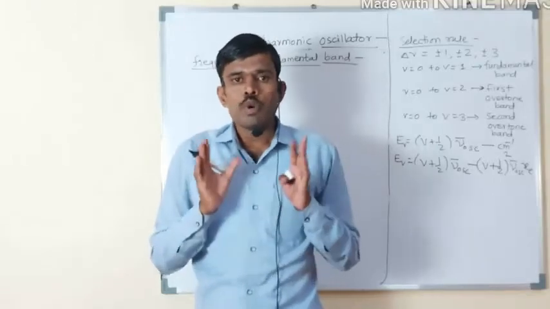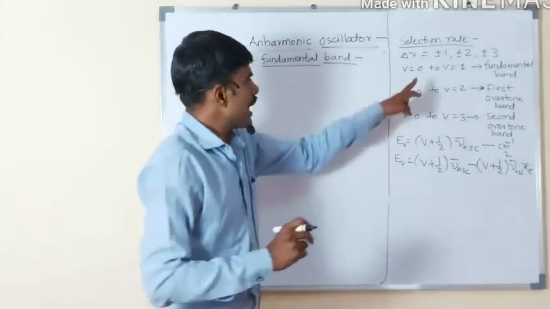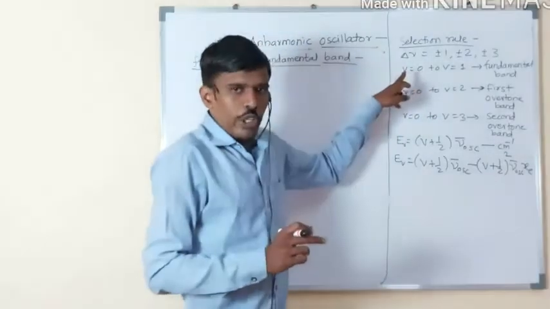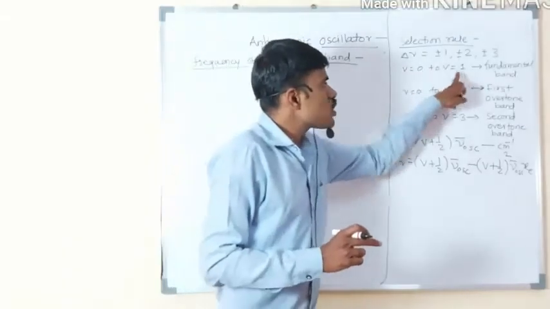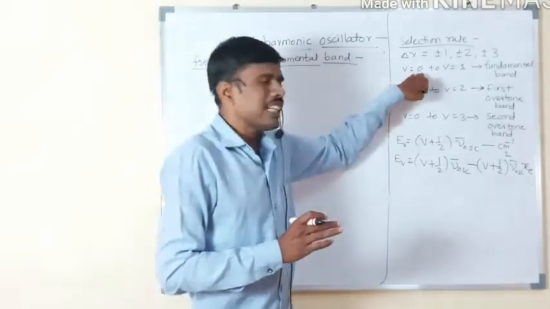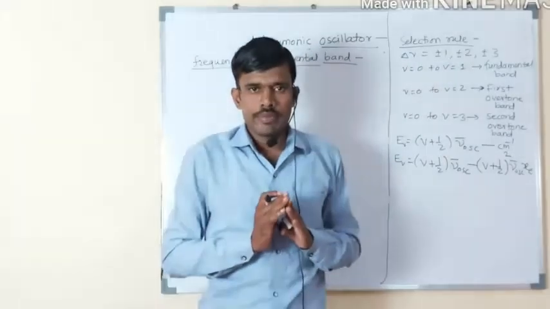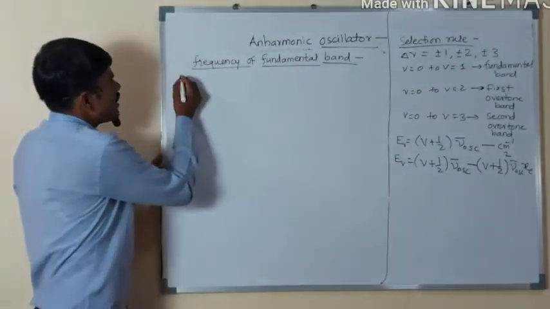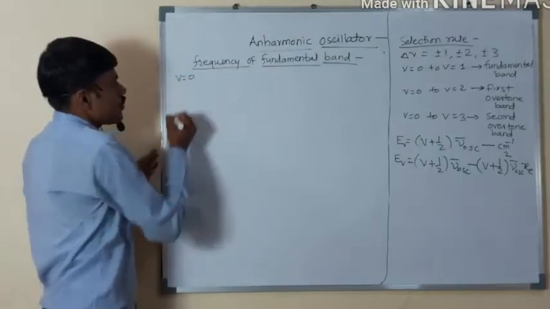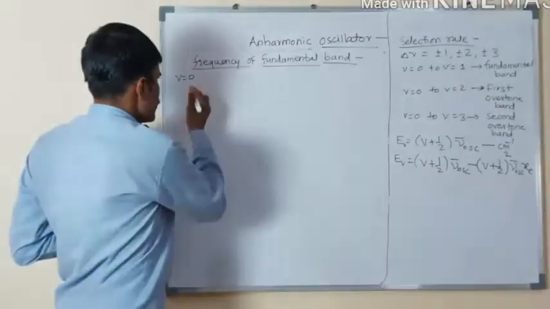First of all, you must know this fundamental band is observed due to the transition of molecule from v equal to 0 to v equal to 1. So the lower energy state is v equal to 0 and the higher energy state is v equal to 1. So you can calculate energies for vibrational state v equal to 0.